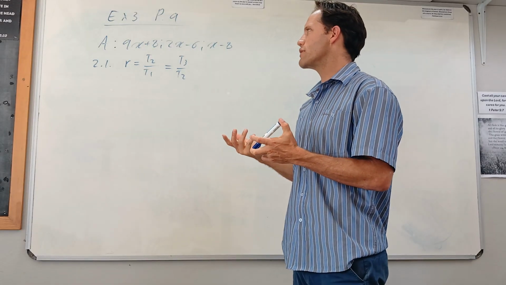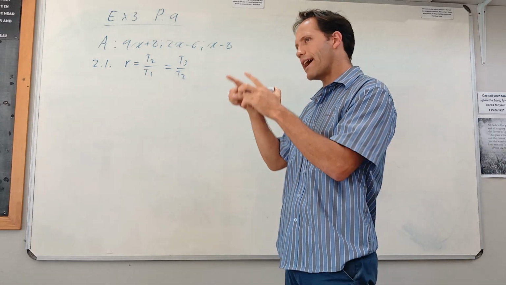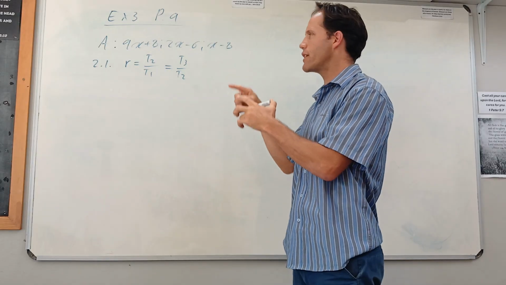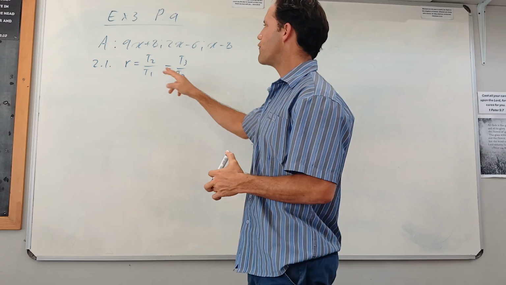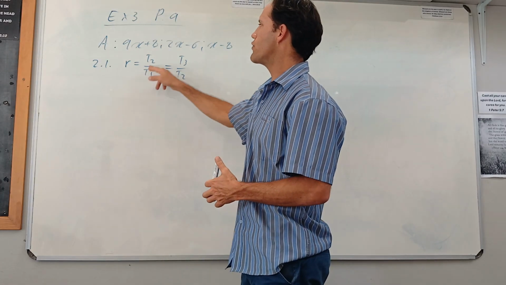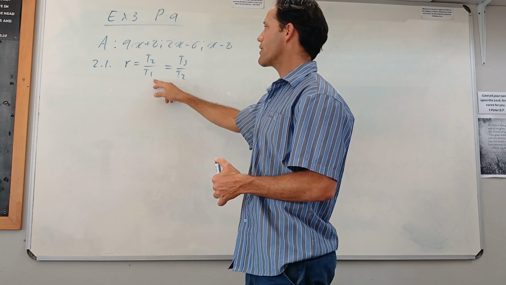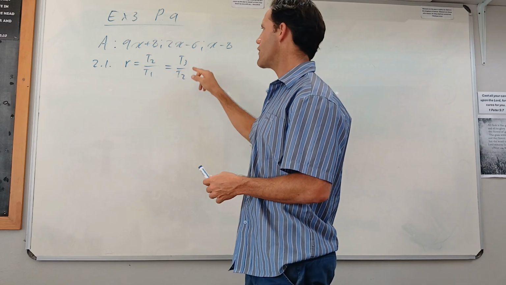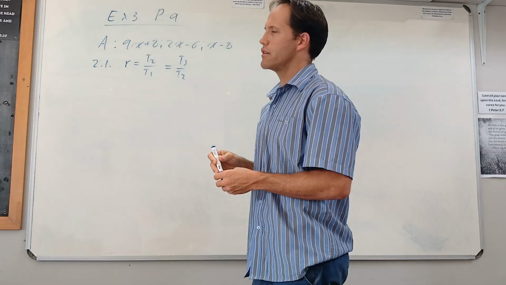Because with the arithmetic sequence, the difference stays the same. You add 2, you subtract 3. With ratios, you have to multiply by the same number. And to find that number, you take the second term divided by the first term. And then you can check if the third term divided by the second term gives you the same answer, then you know it's geometric.